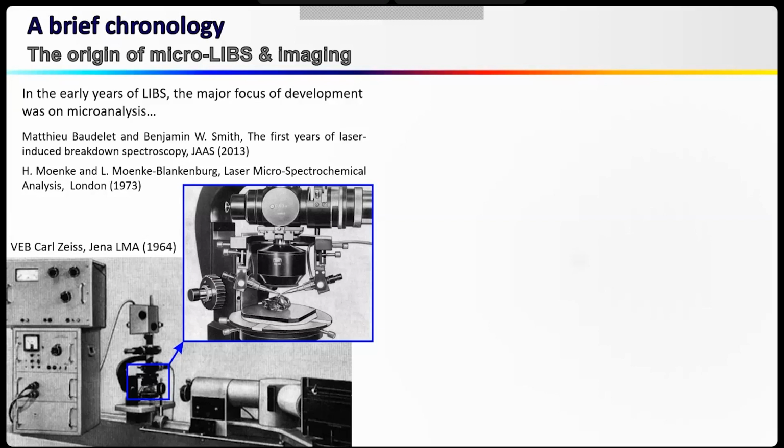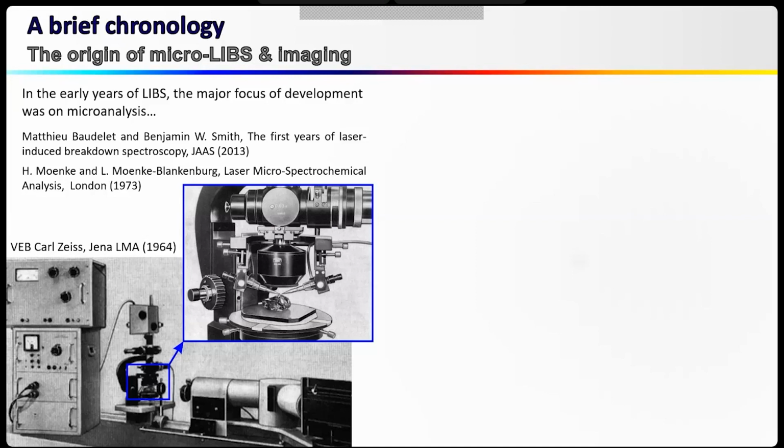And very shortly after the first demonstration of this technique, there were like 5 or 6 companies in the world, like Zeiss, who said, wow, fantastic approach to make microsampling. And so very easily, they put a strong energy into developing the first LIBS microscope, which appeared only 1 year after the first LIBS demonstration. So it was a very big development.